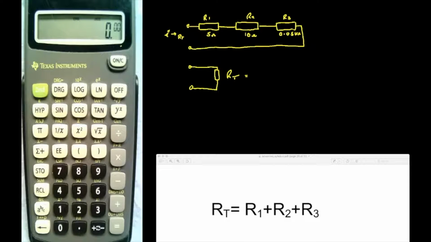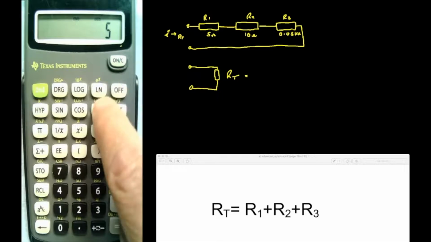Okay, so at that point then if we put onto it 5 ohms, 5, plus, oops, sorry, I don't seem to be in engineering mode.